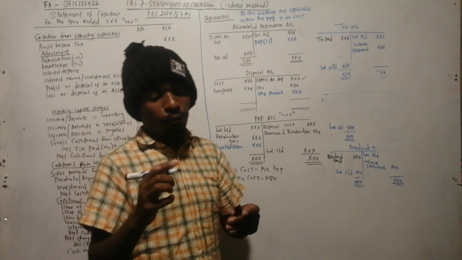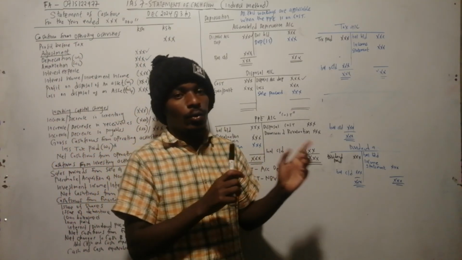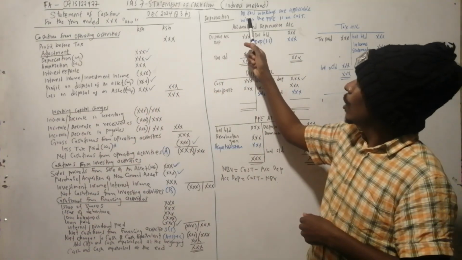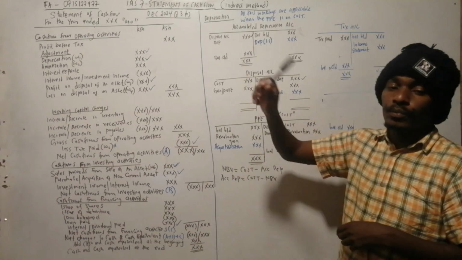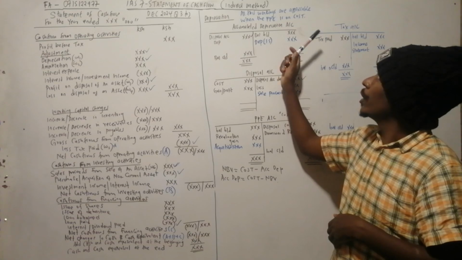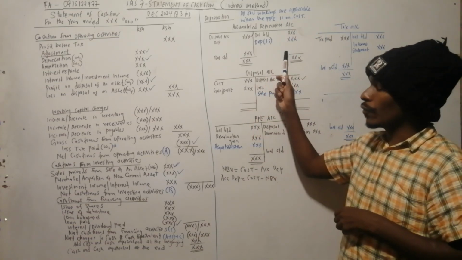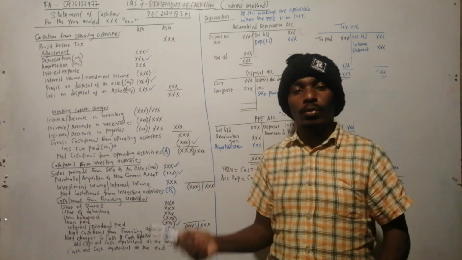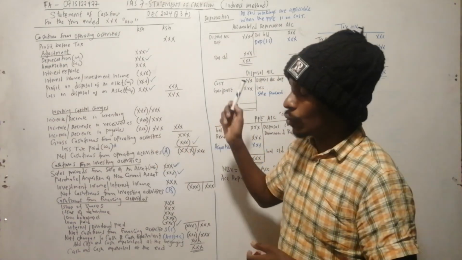And specifically we shall focus on the question where the PPE is given on cost and not the net book value. So remember, these workings for accumulated depreciation, disposal, and PPE, all these workings, are where the amount provided is on cost. So we shall focus on that one for today. Then maybe in another class we shall focus on the net book value, when the PPE is given at net book value. So let us start with the cost.